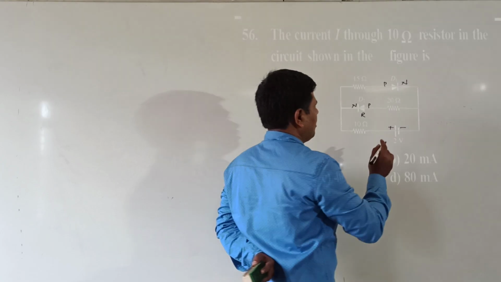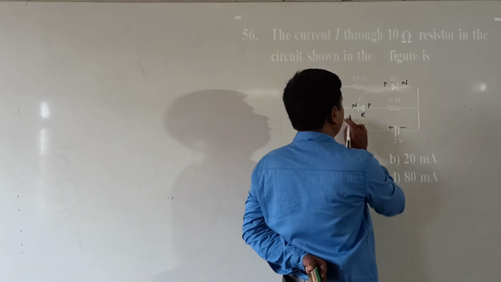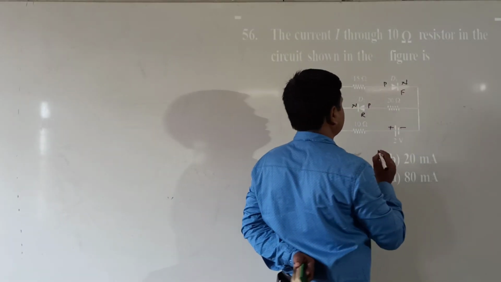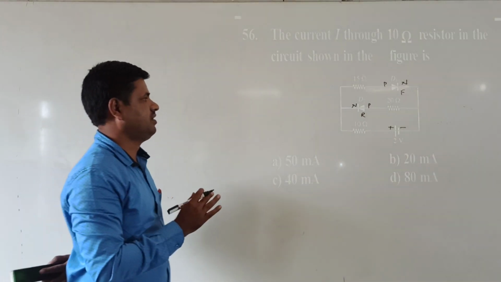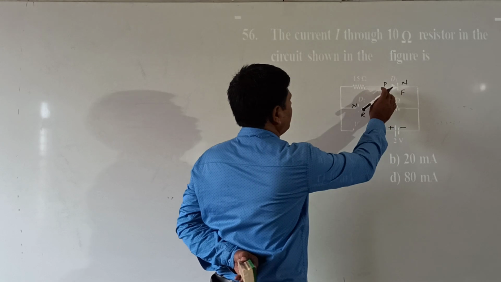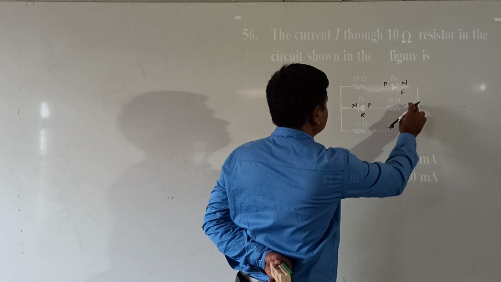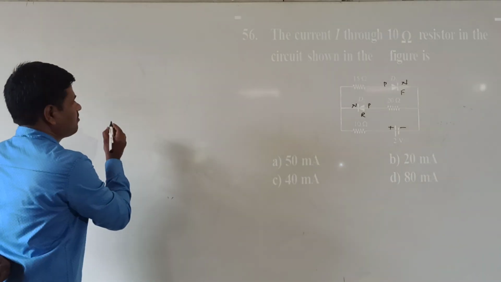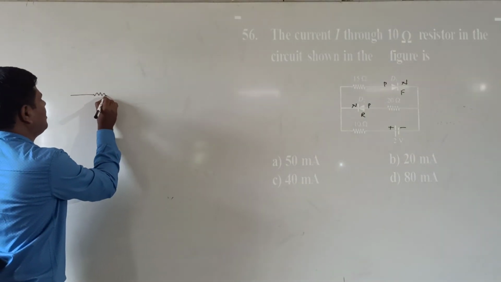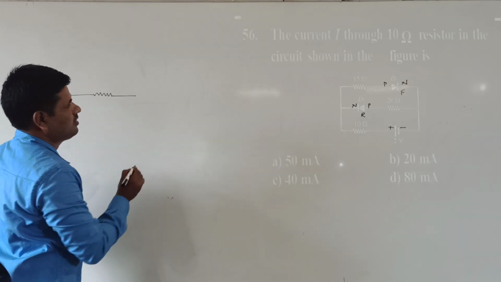Negative connected to negative and positive connected to positive means forward bias. The reverse bias diode can be neglected, as the current is very small. That part is totally neglected, so we redraw the remaining diagram.